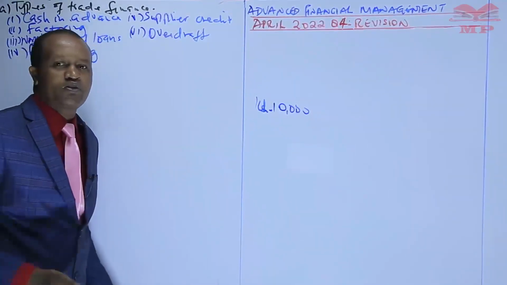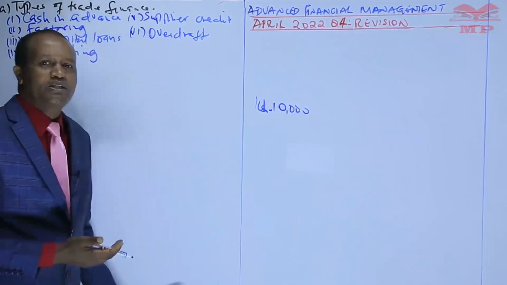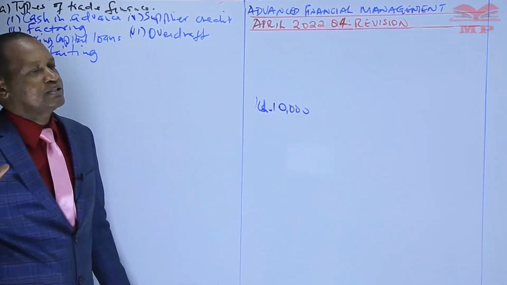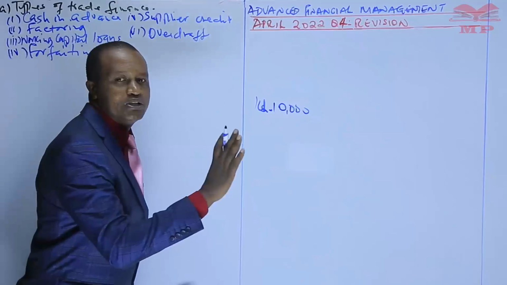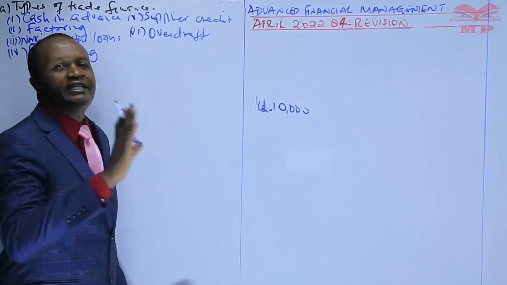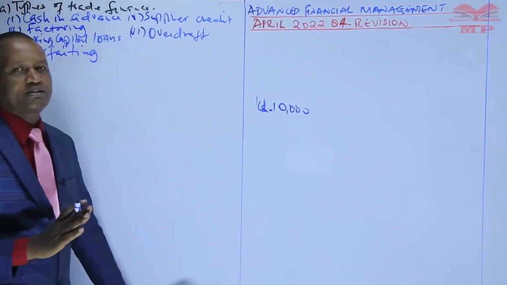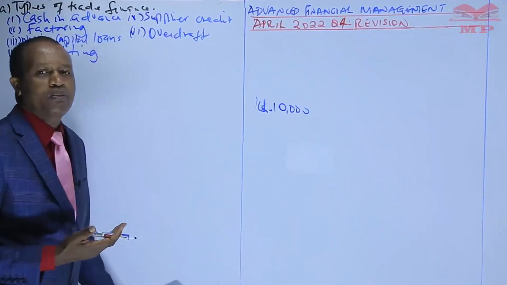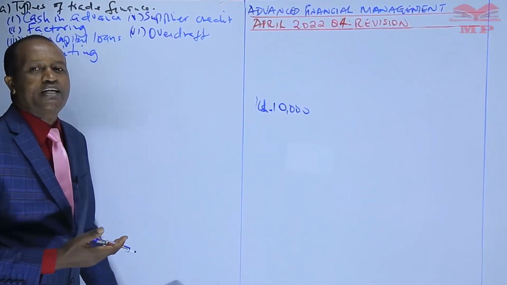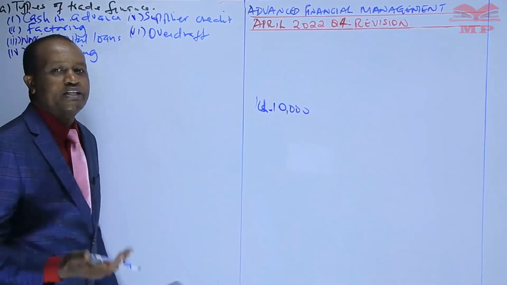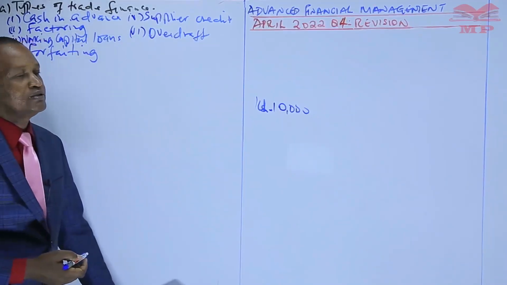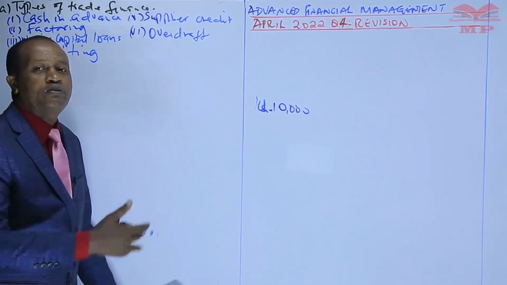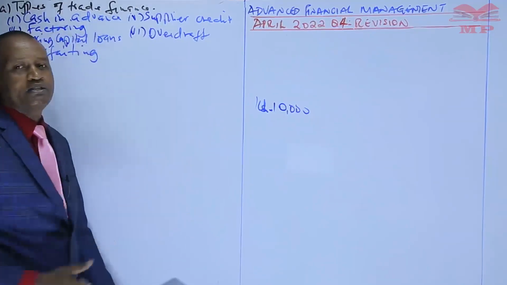So business overdrafts, borrowing takes place when the business makes payments out of the current account and exceeds its available balance. And this kind of trade finance is very common in financing small and medium-sized enterprises. And they are ideal for those with fluctuating finance requirements.